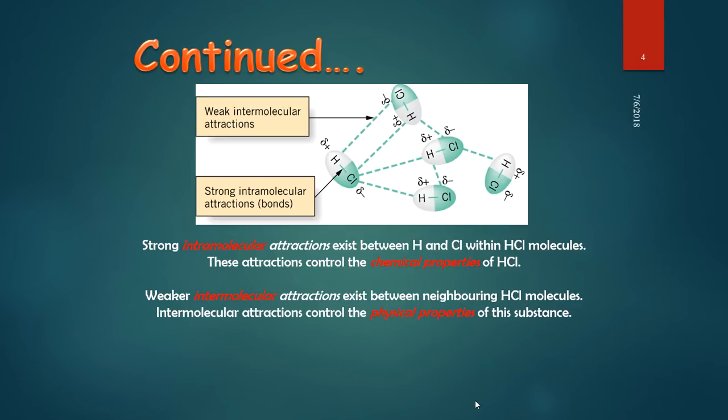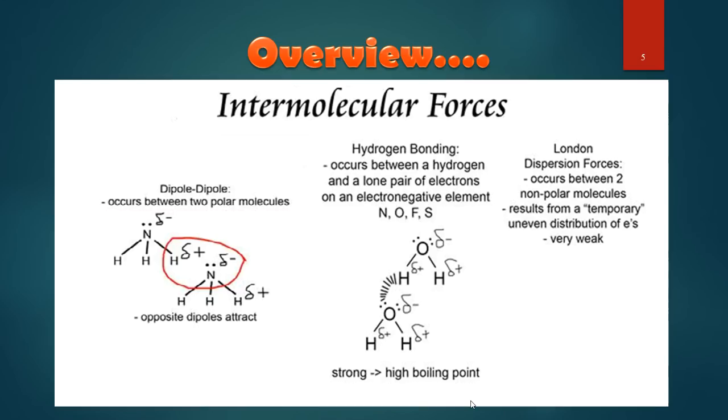It is a weak interaction between molecules, while strong intramolecular attraction is made from bonds. For example, intramolecular attraction exists between H and Cl within the HCl molecule. This interaction controls the chemical properties, but the intermolecular attraction controls the physical properties of the substance.